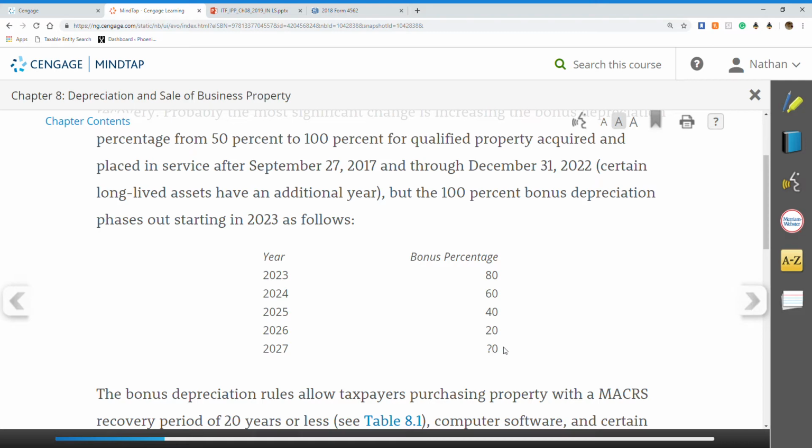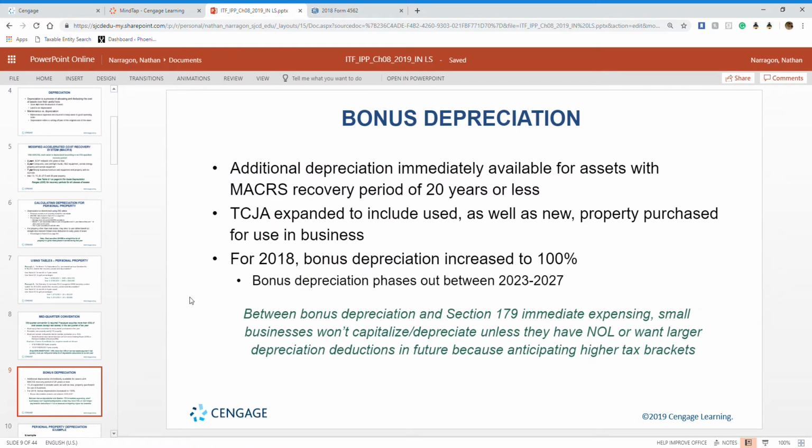But right now, it's 100%. And again, in 2017 and beyond, it was like 50%. So it's cool. We love it a lot. It makes calculation a little bit easier because we can actually take it.